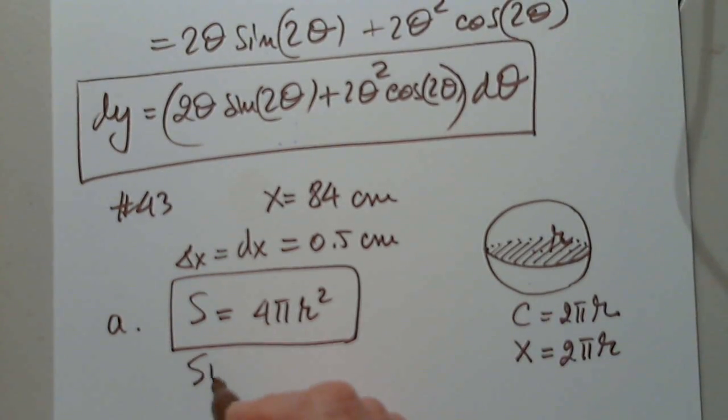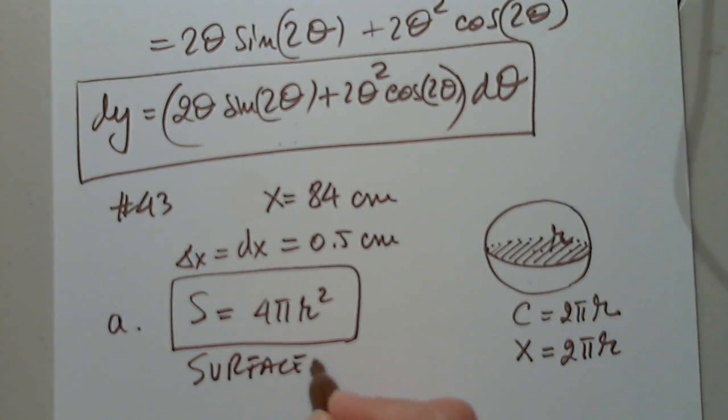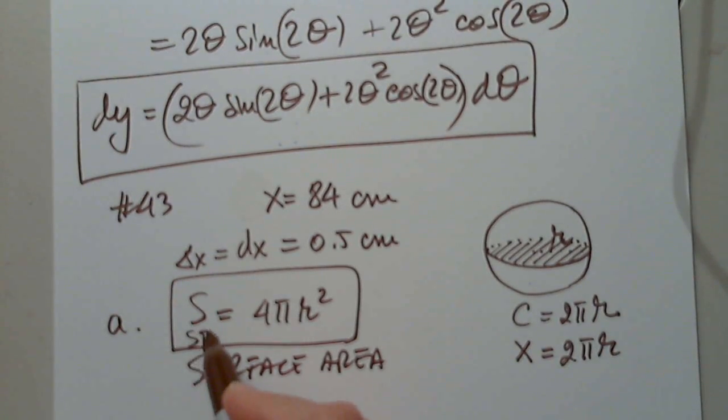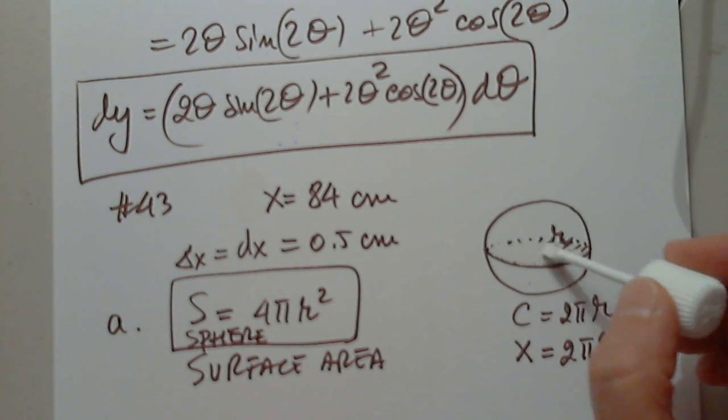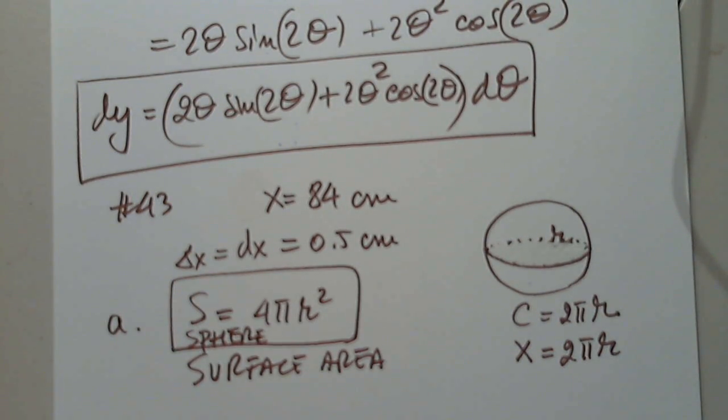So this is the surface area of the sphere. I didn't mean to shade in just that. I don't want to confuse you. We are looking at the surface area of the entire sphere.